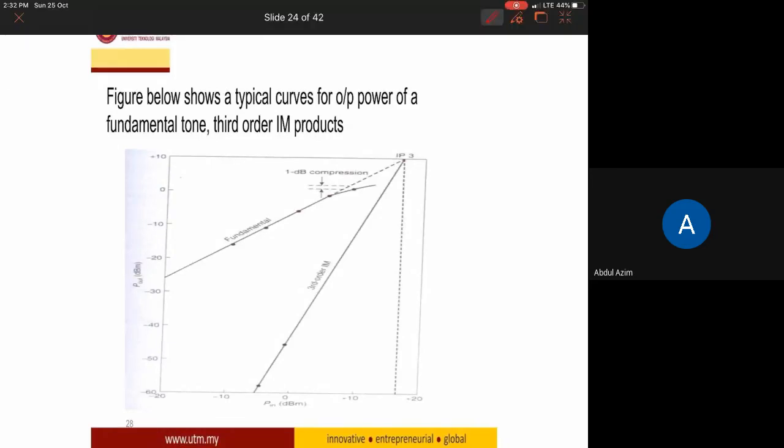This is the linear region, then it saturates, but if we continue the concept of linearity, it can reach a point where we call the IP3. Never mind, this is just a basic theoretical concept.